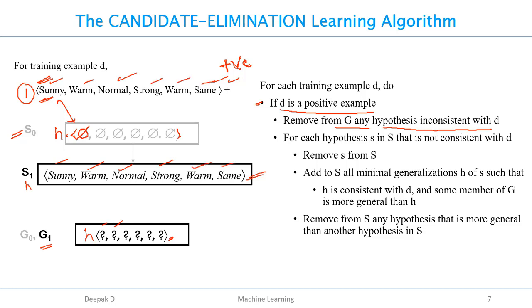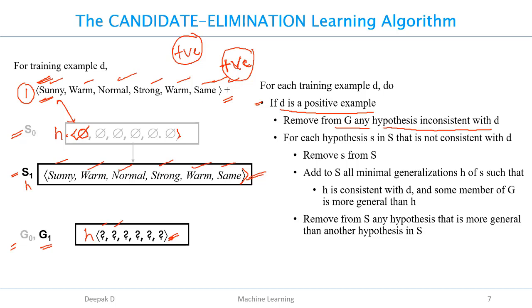If you write this hypothesis, it will classify your instance as a positive instance. While writing the hypothesis in both the S boundary and G boundary, you have to make sure that the hypothesis you have written will classify the instance as a positive instance. This is very important to remember.